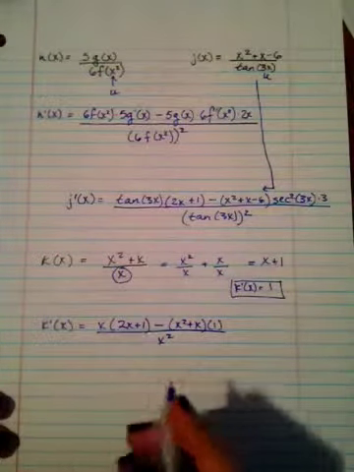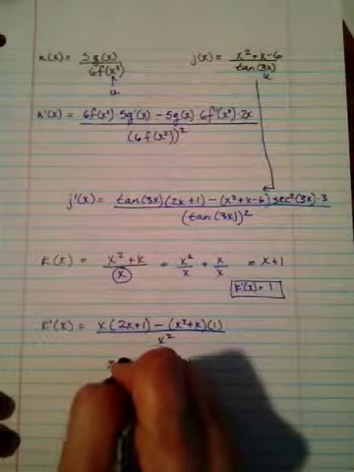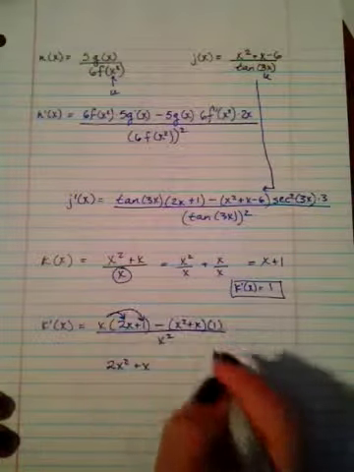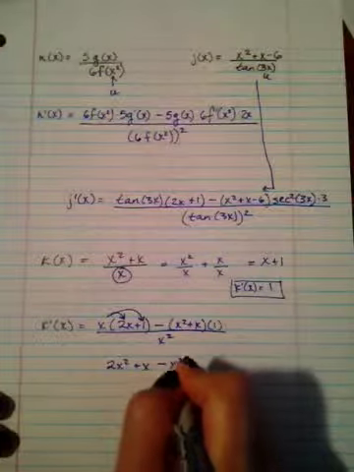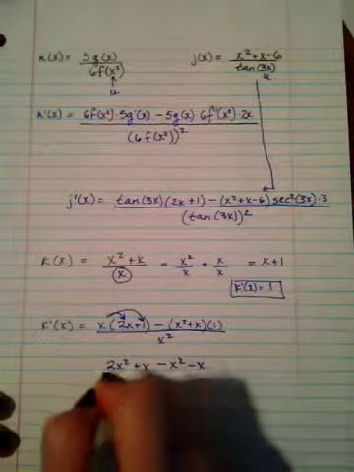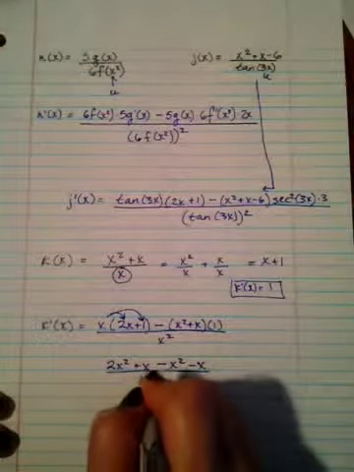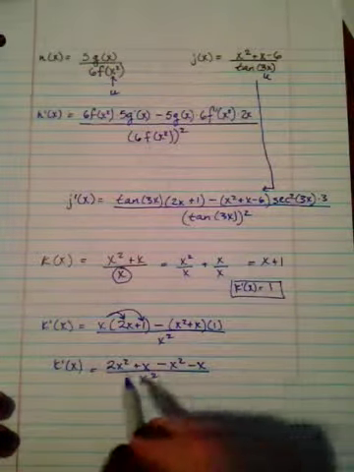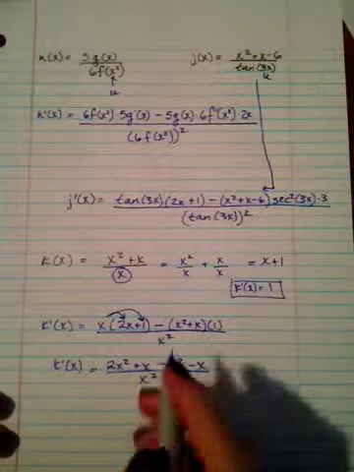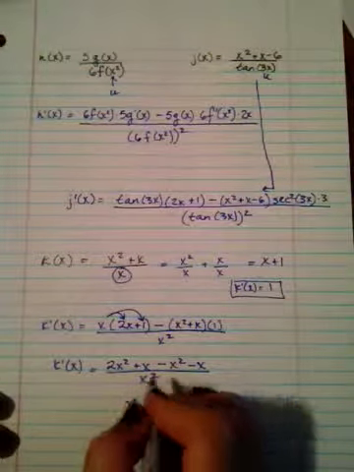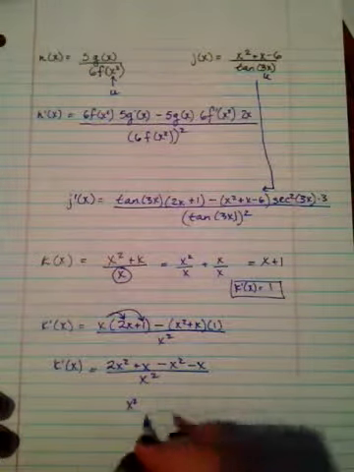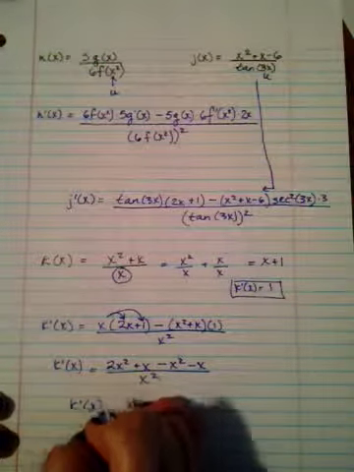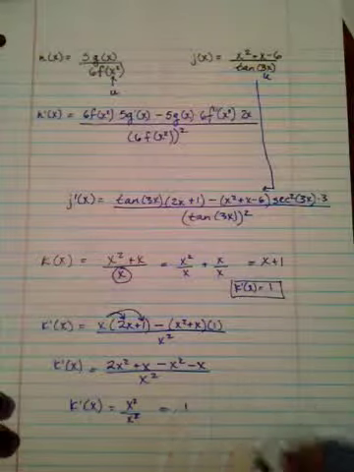So I'll simplify my numerator, and I get 2x squared plus x when I distribute this x in, minus x squared minus x over x squared. That's still k prime of x. I have a 2x squared minus x squared. That leaves me with 1x squared. x minus x, those cancel out, over x squared. This is my k prime of x. And you can see that that is equal to 1.